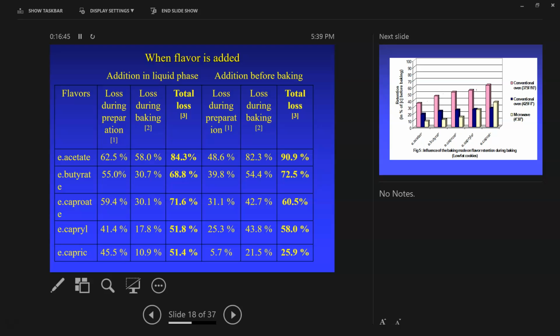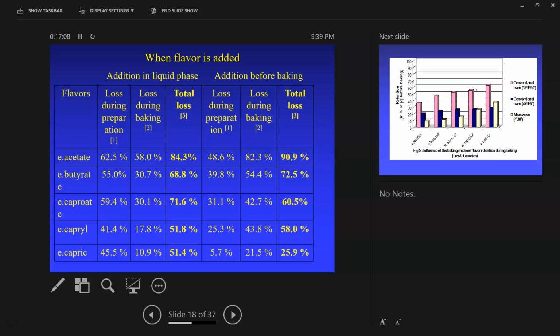So again, when do you add flavor? In the ingredient stages, mixing, or you would try to add it and work it into a dough. And of course, the total loss is listed. You can find here, actually, this is percent loss during baking. So okay, that's kind of the opposite of the other one.